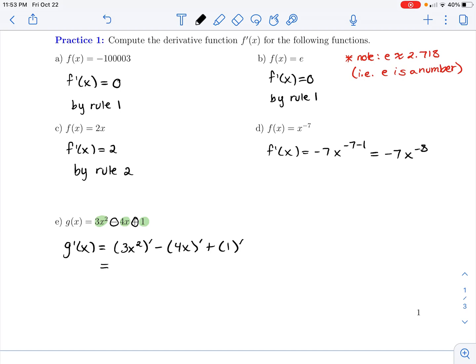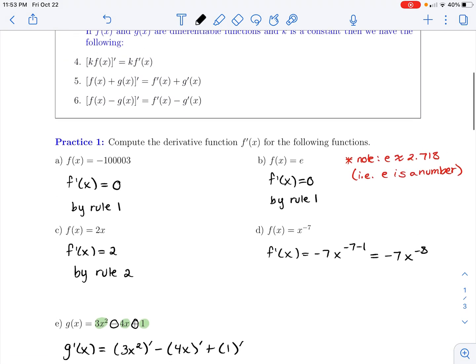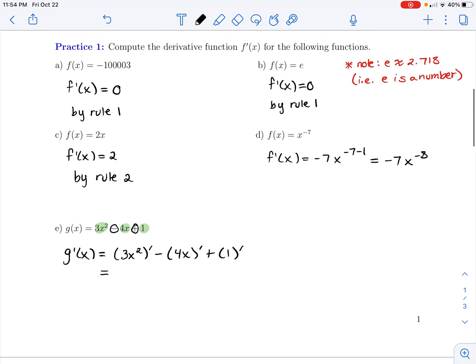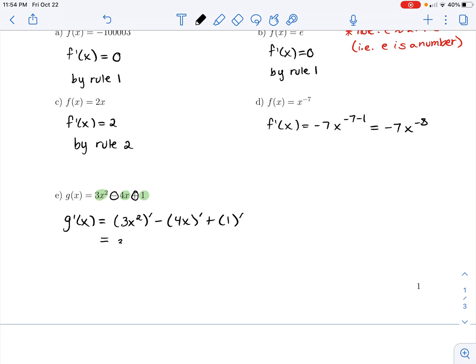Okay, so now looking at the first piece, I have 3 times x squared. So this would be rule 4, right? I have a number times a function. So I'm going to copy the number times the derivative of the function, minus the derivative of 4x, which is just 4, and then the derivative of a number is just 0.